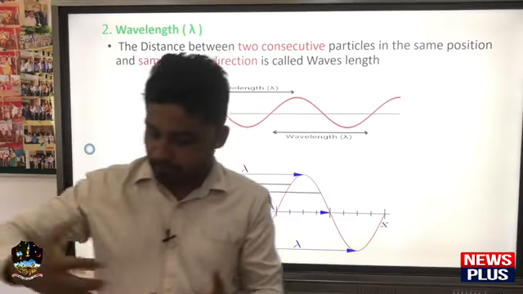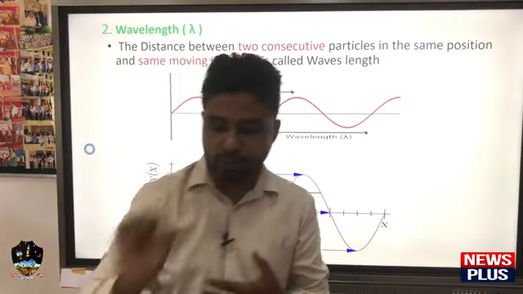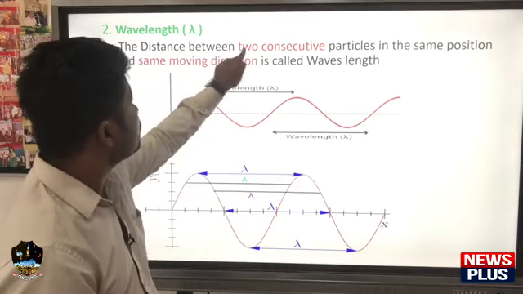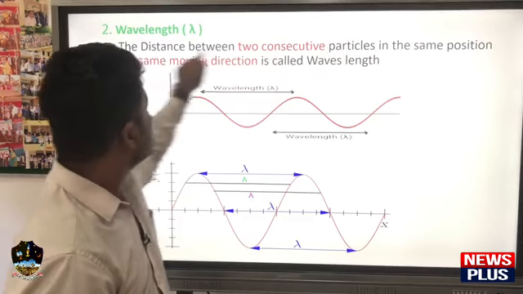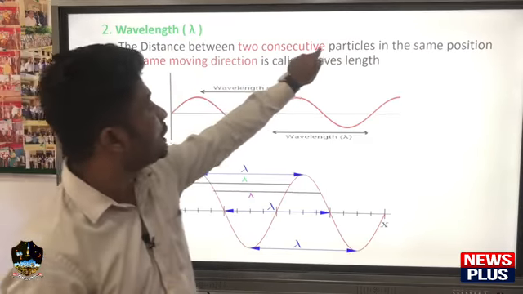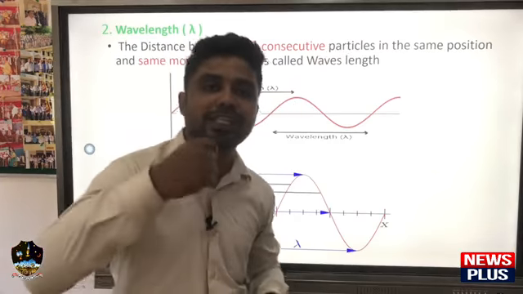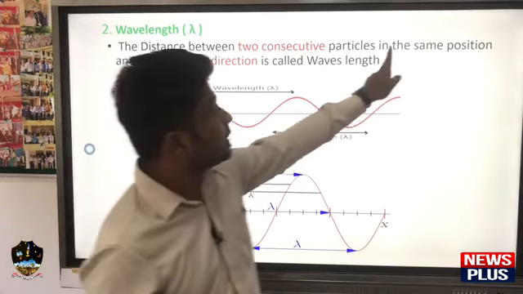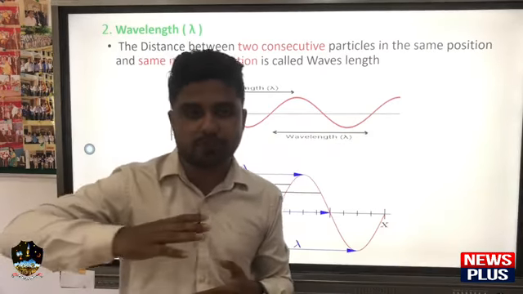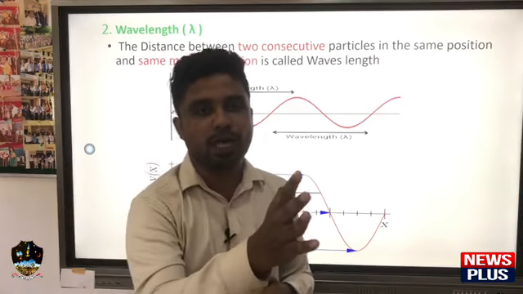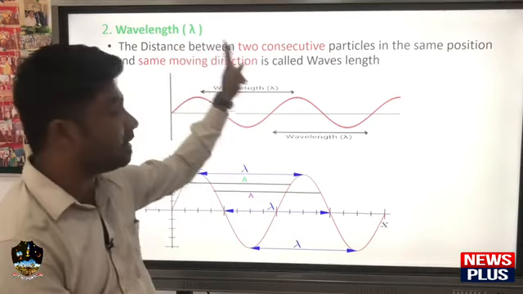When the wave moves this way, the distance between two consecutive points, that is okay, you can easily understand. But in the same direction: when the wave moves this way and when it moves that way, you can't say that is wavelength.